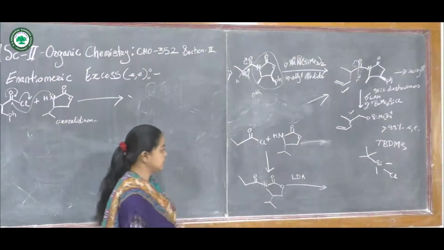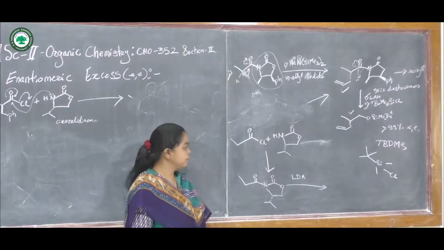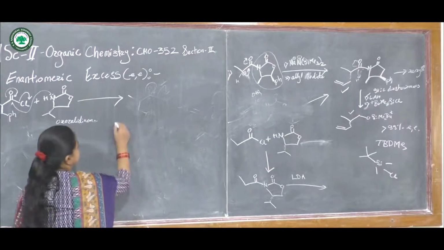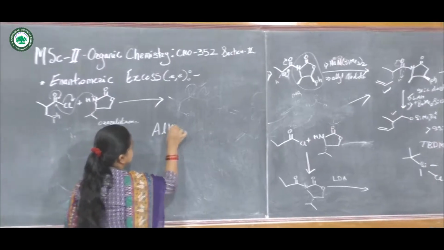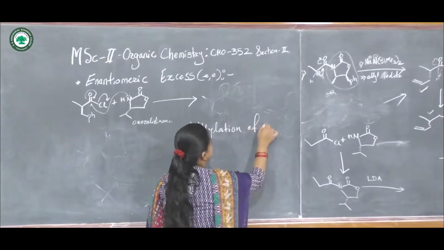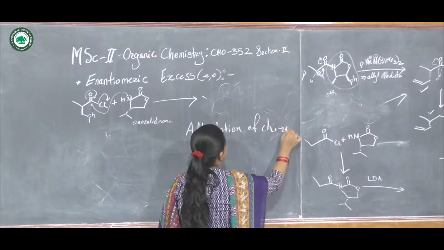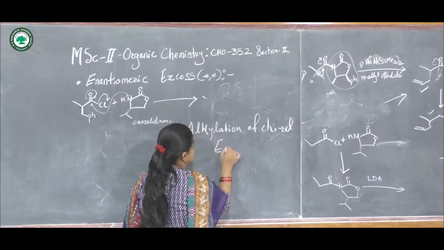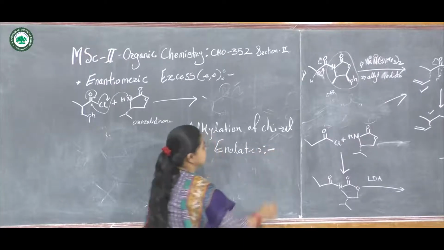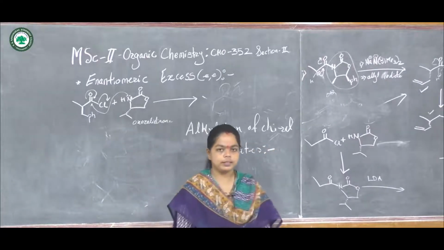Now let us consider the next example: alkylation of chiral enolates.